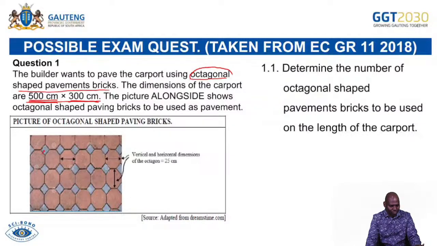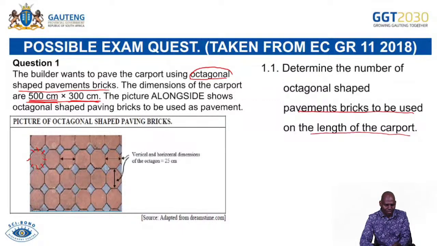And then 1.1, they say determine the number of octagonal shaped pavement bricks to be used on the length of the carport.